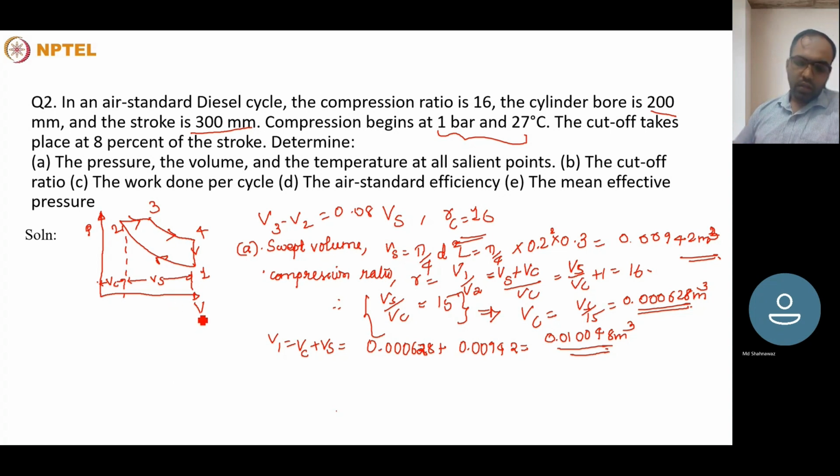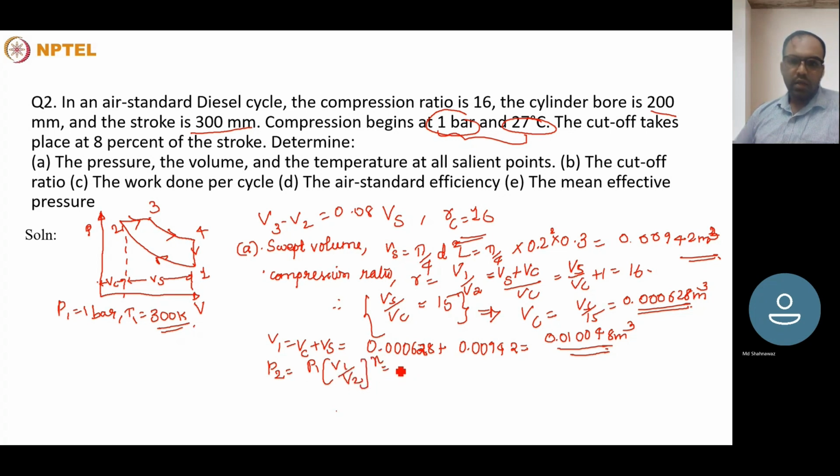The start of the compression is at 1 bar and 27 degrees Celsius. So in this particular problem, P1 is equal to 1 bar, and T1 is 27 degrees Celsius, or 300 Kelvin. So P2 we can calculate; it's a reversible adiabatic isentropic compression. So P2 is equal to P1 into V1 divided by V2 raised to gamma.